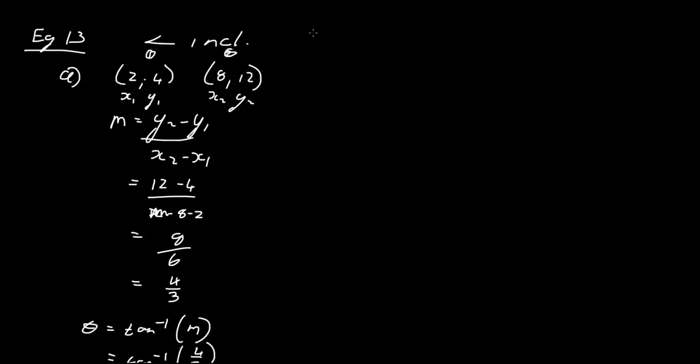Okay, next I'm going to do part B, which is similar. So part B, same question: angle of inclination of a line passing through the points. This time the points are (8, 3) and (2, 9).